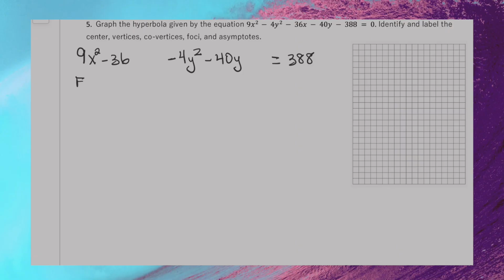For these first two, oops, there was an x here. For these first two, I'm going to factor out a 9. And for the second two, I'm going to factor out a -4.